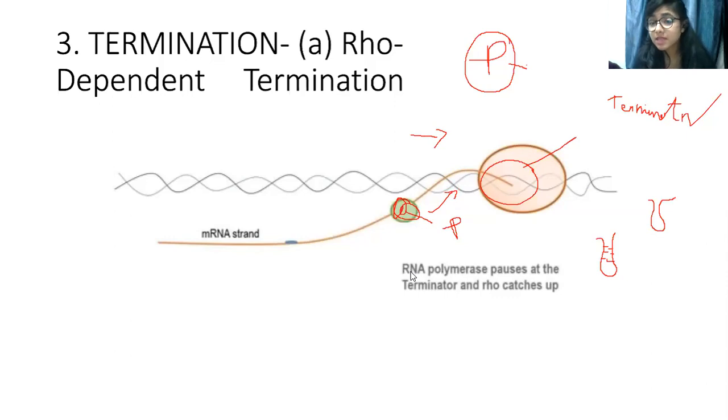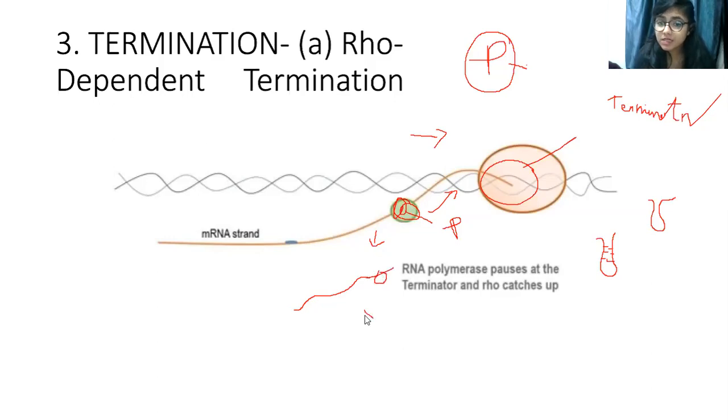This Rho factor has a helicase activity. So, due to the helicase activity, the growing mRNA molecule will separate from the DNA-RNA hybrid, along with the Rho factor.